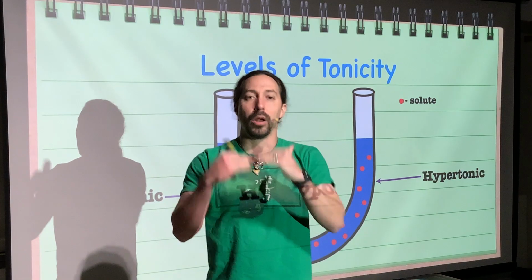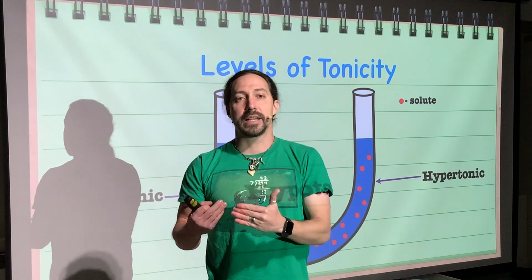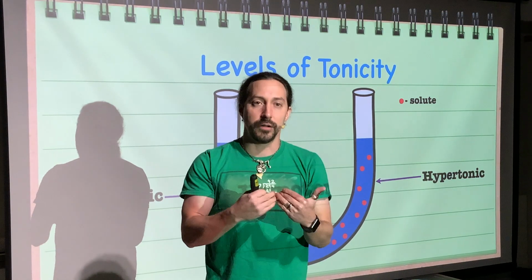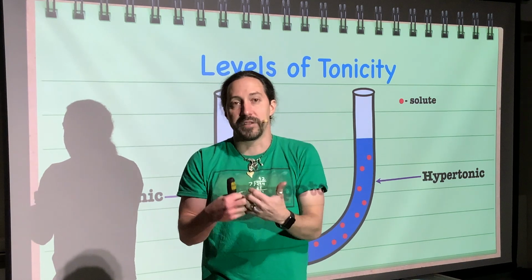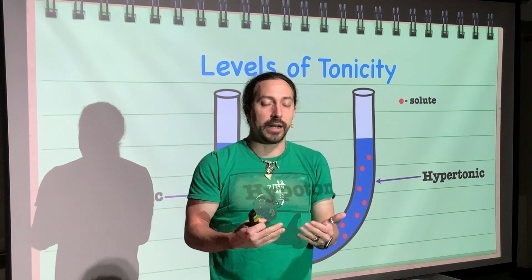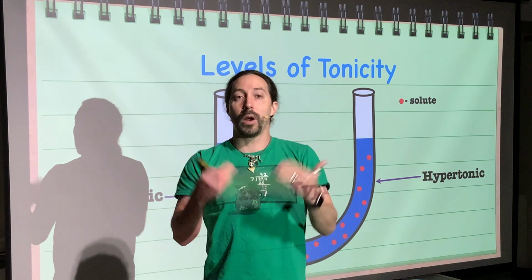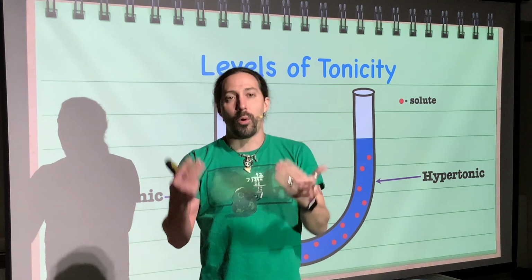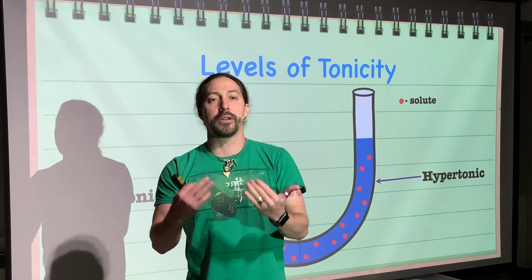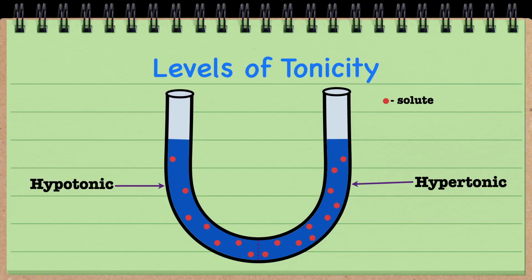Hypo means below. So since that side has a lower solute, or below the other level of solute, it is called hypotonic. Hyper means above or up, so it has more solute in it. It has a higher solute concentration. So we have less solute on the left, more solute on the right.